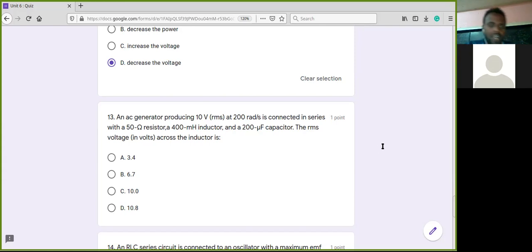This times the XL, which was 80, gives the voltage across the inductor, 10.76. Therefore, the correct answer is option D.